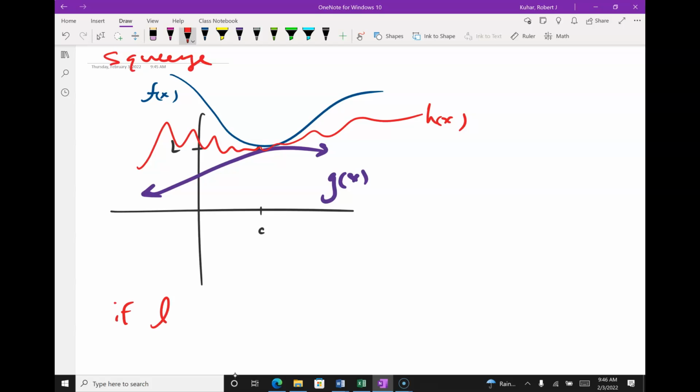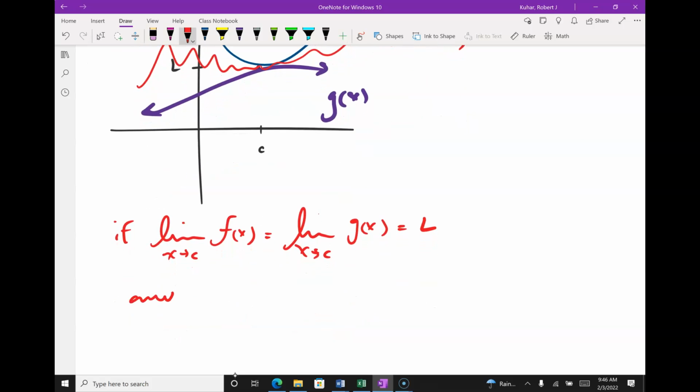If the limit as x goes to c of f of x equals the limit as x goes to c of g of x equals L, and f of x is greater than or equal to h of x is greater than or equal to g of x, right?